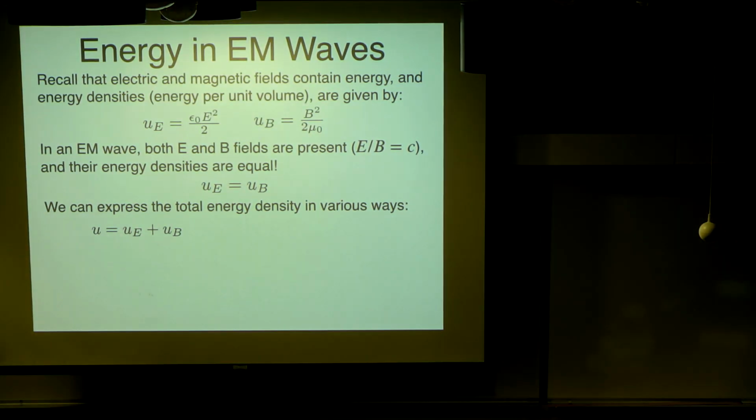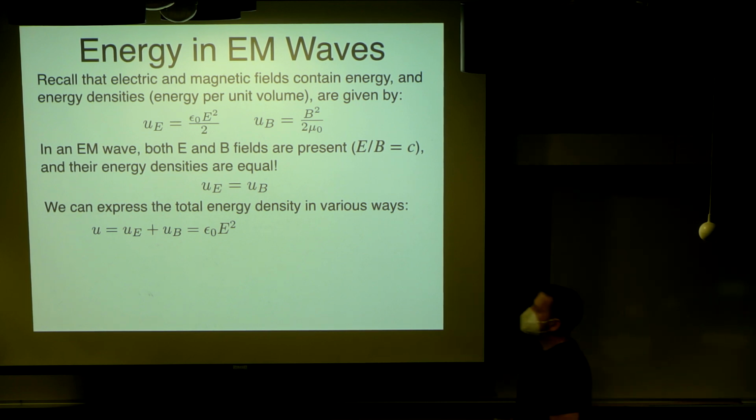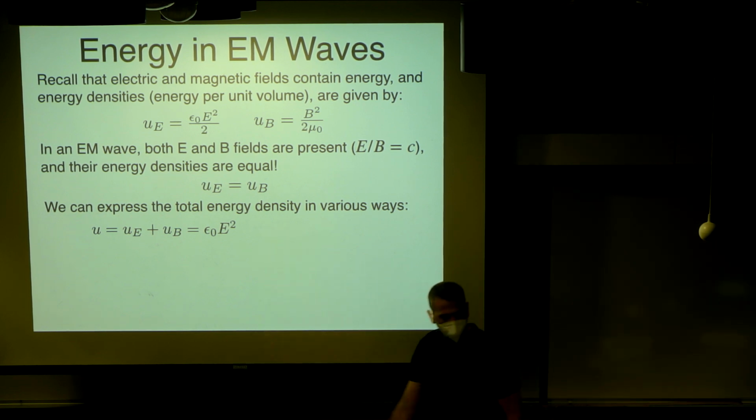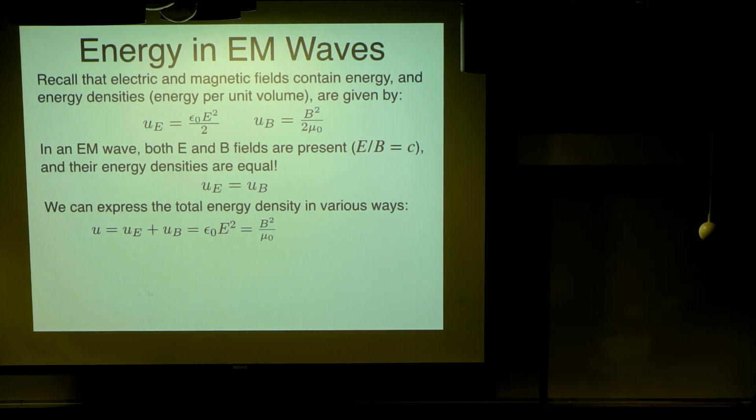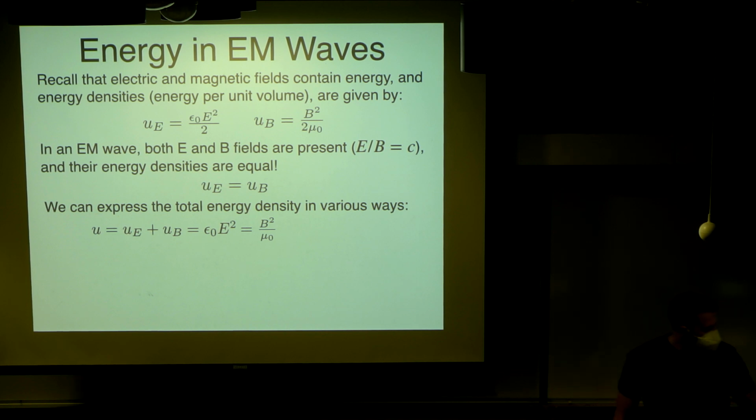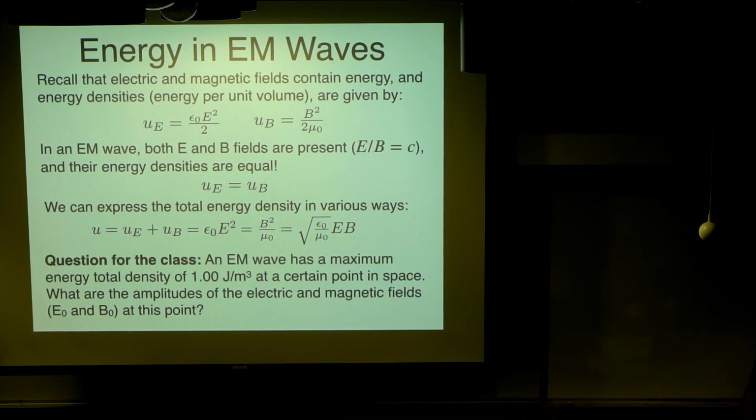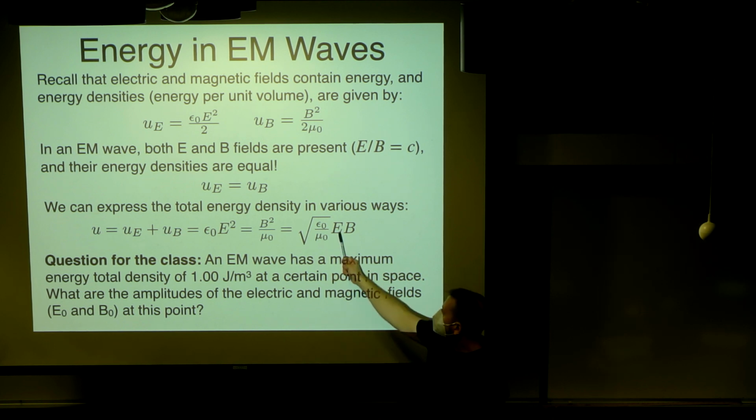So here are the results. We can write this as epsilon naught times E squared. That works. We can write it as B squared divided by mu naught, or the last one we just derived was square root of epsilon naught divided by mu naught times E times B. Any of these will work.